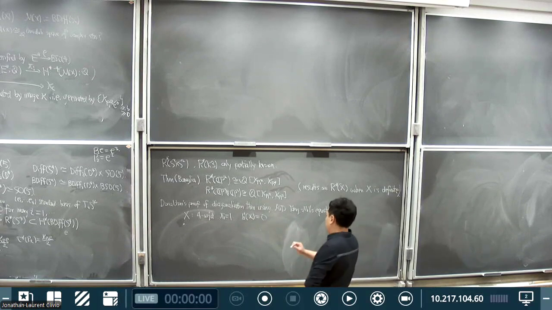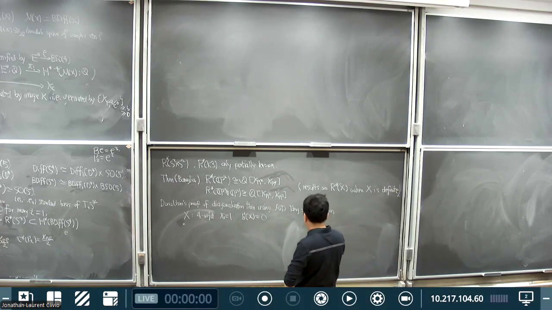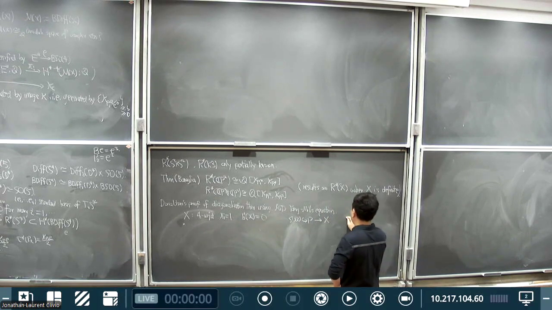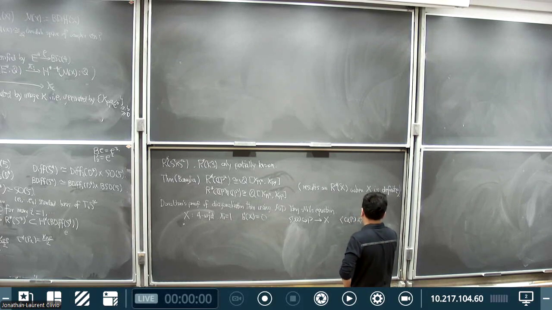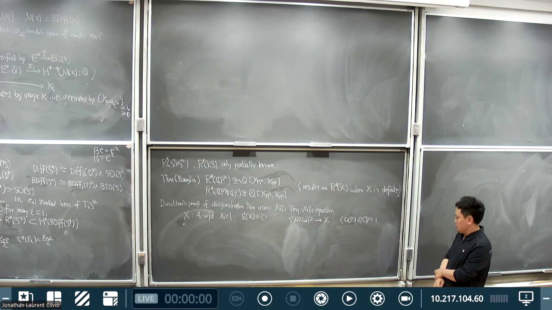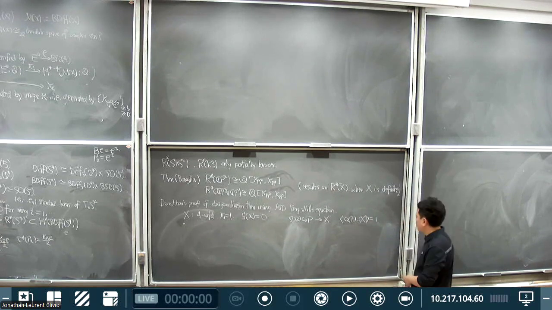How to prove this? Let's consider a principal SU(2) bundle over X, which satisfies that c2 of X paired with the fundamental class of X equals 1.